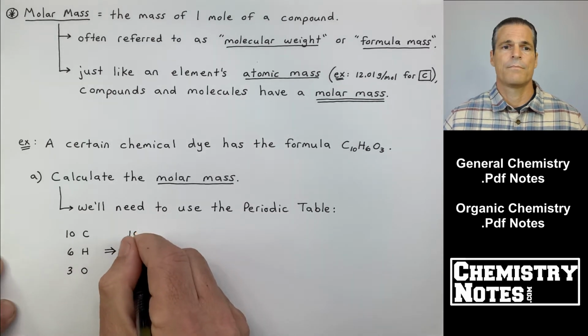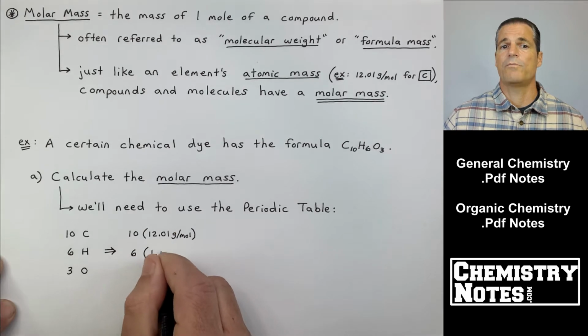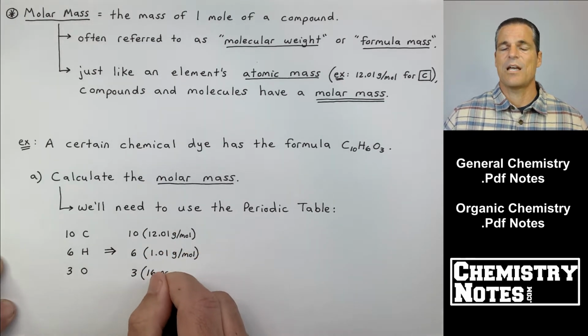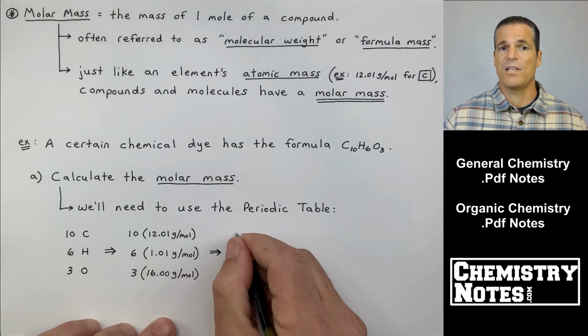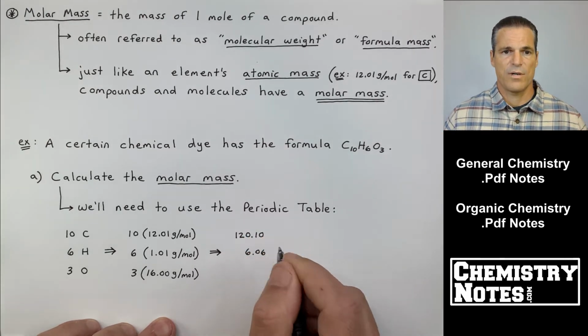Some of us don't. So I made a little grid here, 10 carbons, 10 times 12.01 grams per mole, 6 hydrogens, 6 times 1.01 grams per mole. The stuff in parentheses, those are the individual atomic masses of carbon, hydrogen, and oxygen going down.